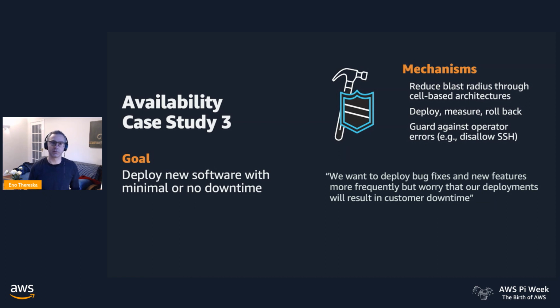Rolling back is always the first thing that you want to do to maintain high availability. We also talked about the importance of tools and the principle of least privilege. In this case, you might also want to guard against any operator or tool errors. So for example, disallow SSH if that's not needed for the task that you're doing at hand.